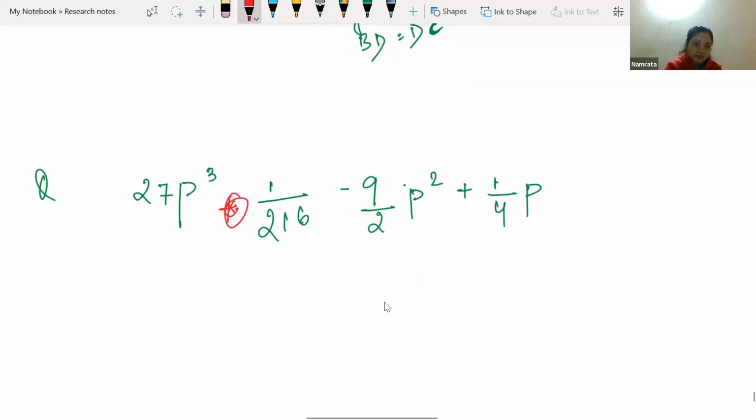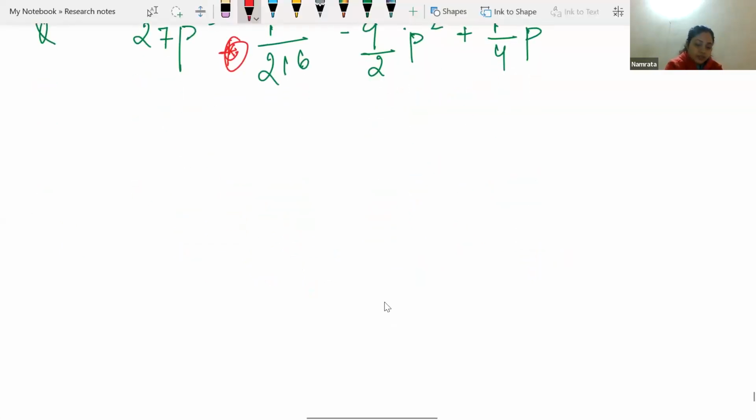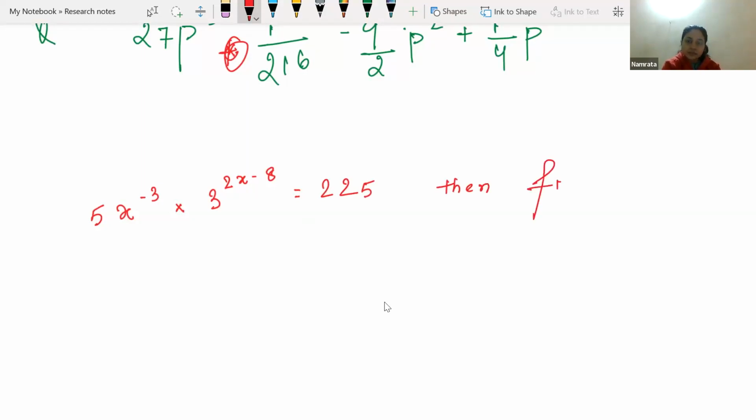Okay, Ifra's next question, let me take. That was 5 to the power x minus 3 into 3 to the power 2x minus 8 is equals to 225. Then find the value of x. Ma'am, it's 5 to the power x minus 3.